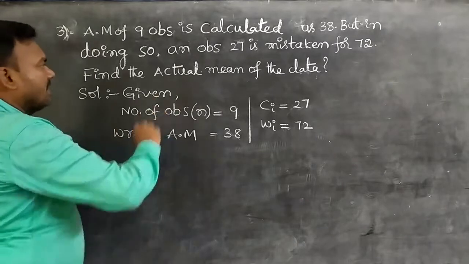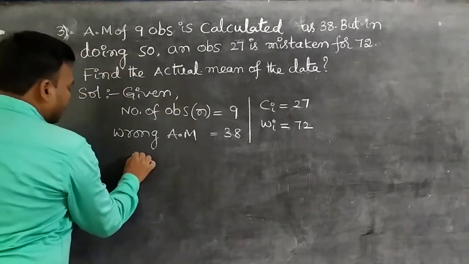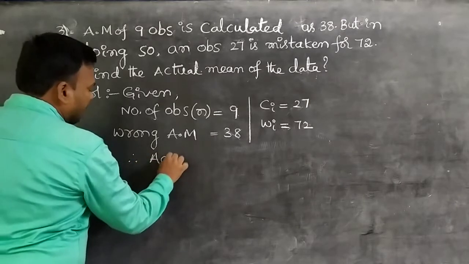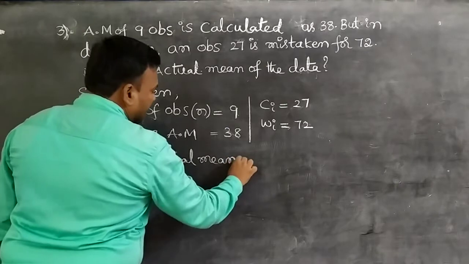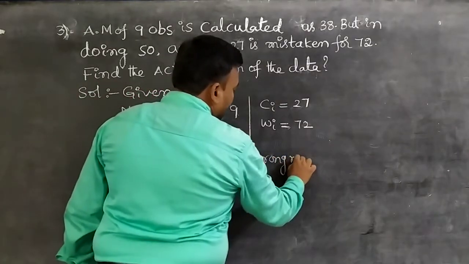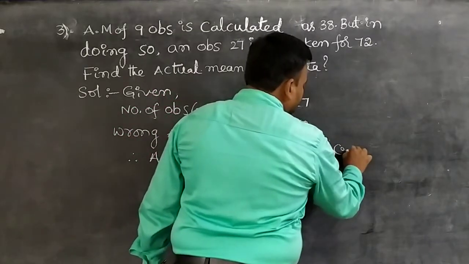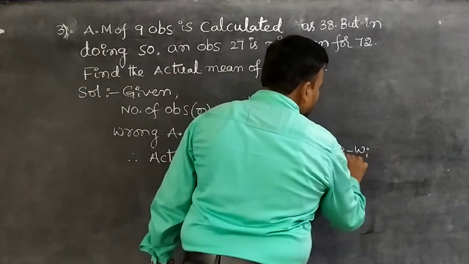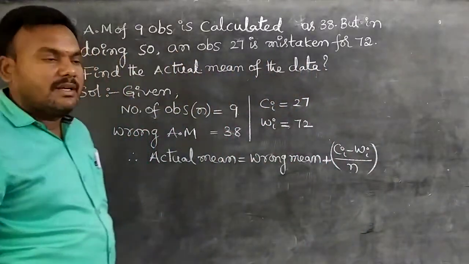Therefore, we find the actual mean or correct mean. So write the formula: actual mean equals wrong mean plus correct item minus wrong item, divided by n.